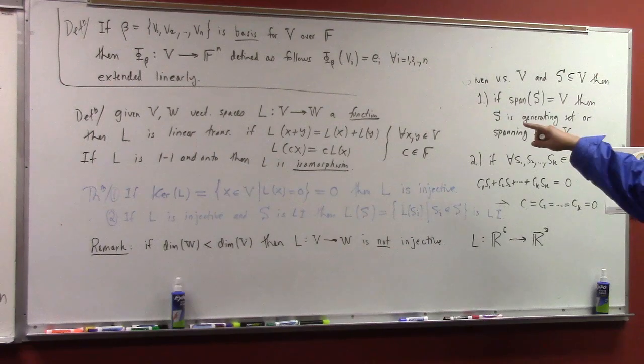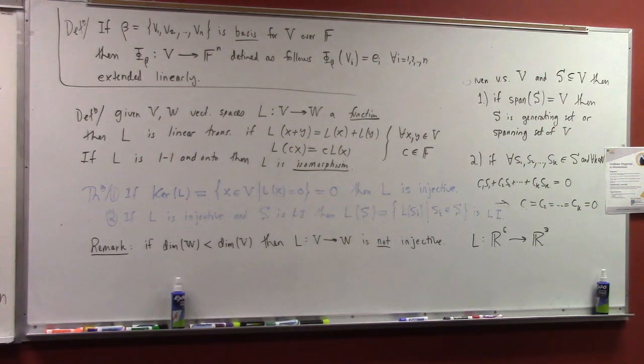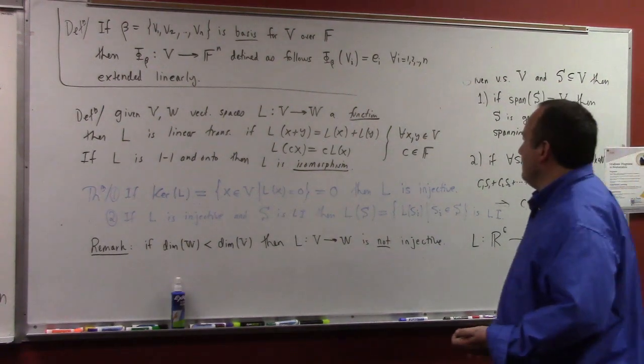All right, so getting back to my definition, I extended linearly, right? So does that make sense now? Extended linearly means that phi beta is a linear transformation.